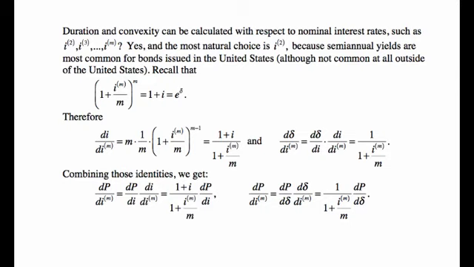Combining this, we get that the derivative of P with respect to i upper m is (1 plus i) over (1 plus i upper m over m) times the derivative of P with respect to i, and the derivative of P with respect to i upper m can also be written as 1 over (1 plus i upper m over m) times the derivative of P with respect to delta.